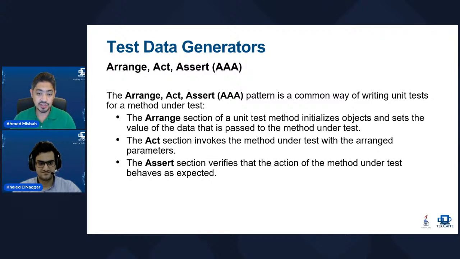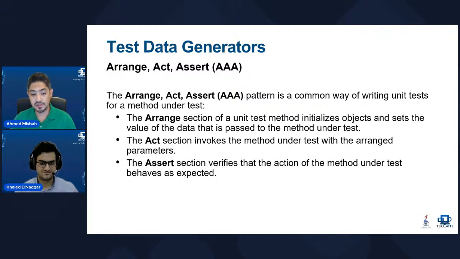In the act section, this is where you invoke your method or API, depending on the test level you're applying, with the parameters that you have arranged in the arrange section.